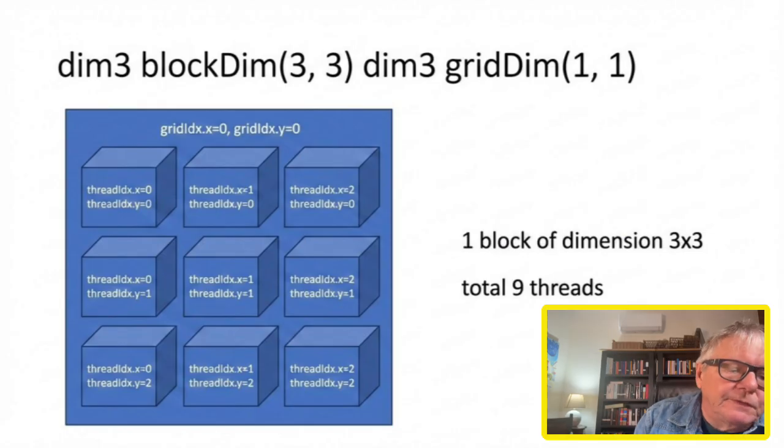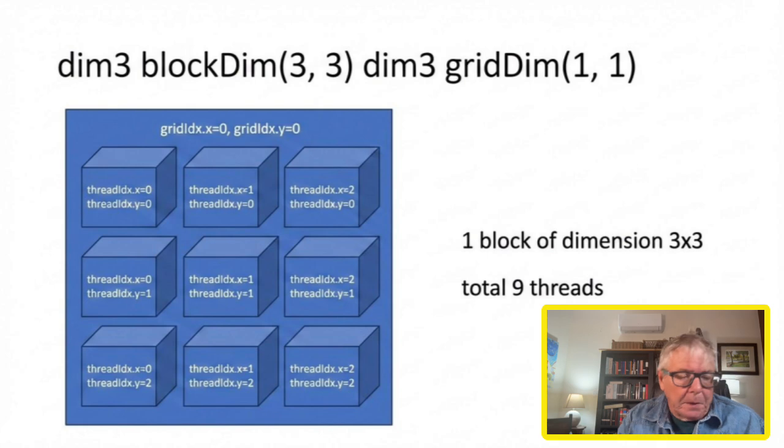So this gives us 9 total threads. Within each of these, you can see the thread location. For example, the one in the middle is threadIdx.x equals 1 and threadIdx.y equals 1.